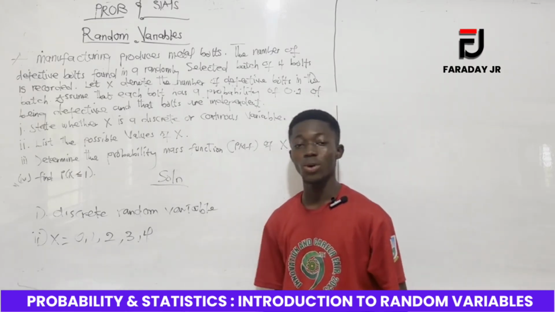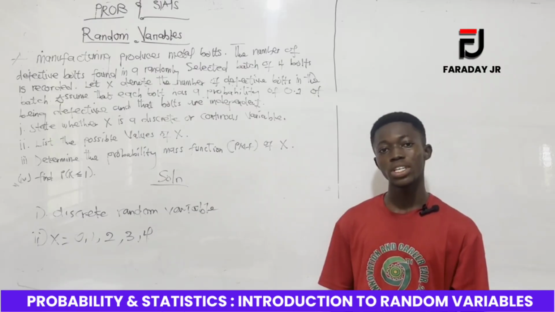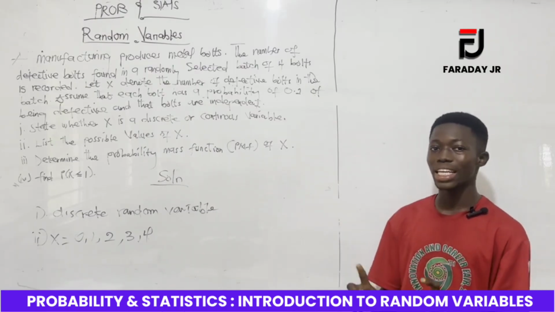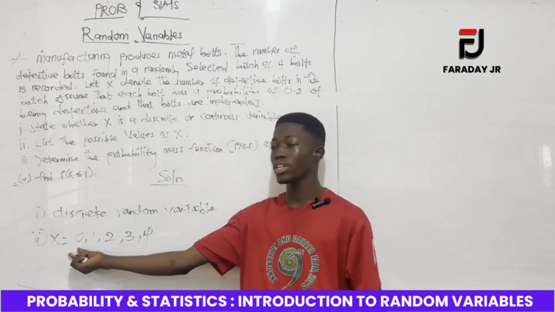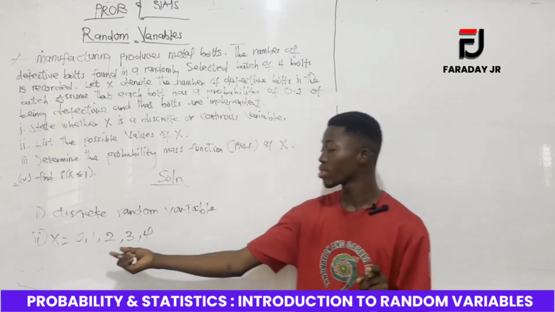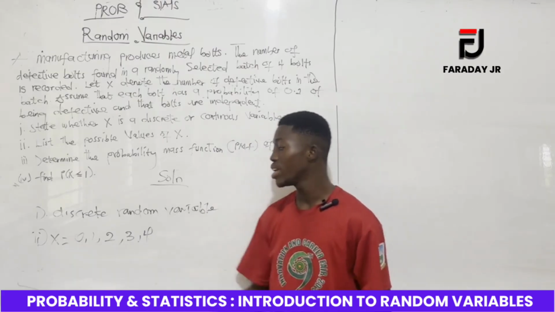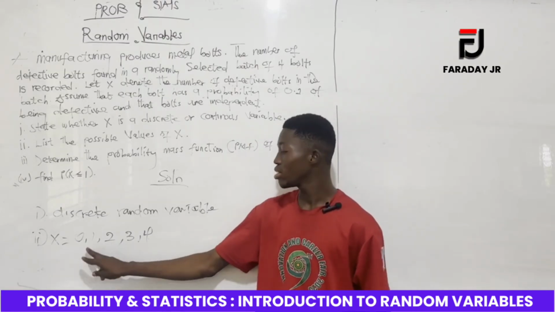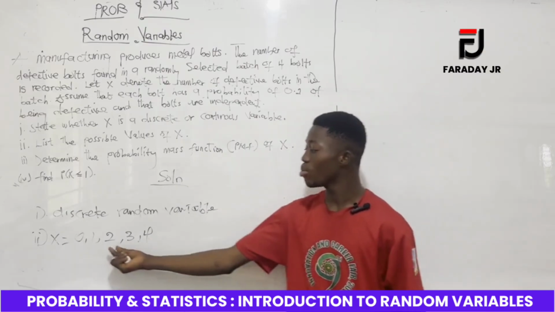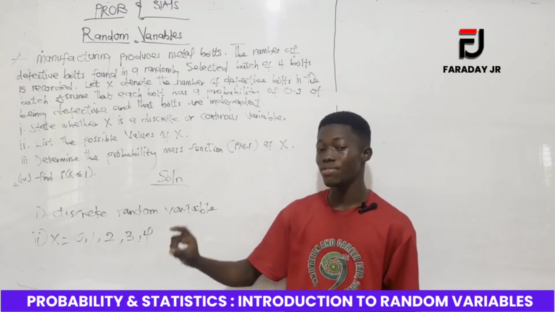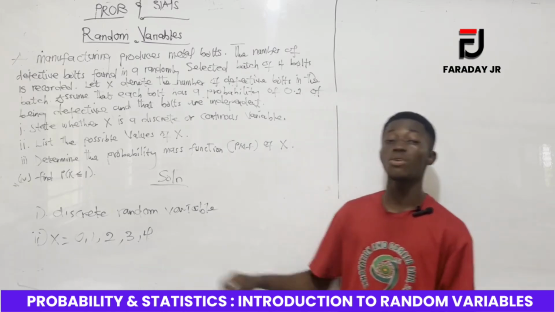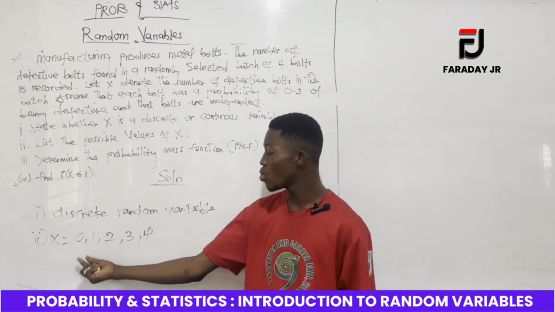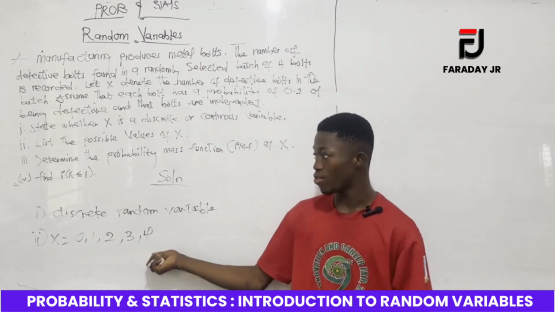Because for a given set of 4 bolts, there might be no defective bolt. So when 4 bolts are selected at random and there's no defective bolt, we consider it as 0. When only 1 bolt is defective, the value of X is 1. When 2 bolts are defective, X is 2, and 3 and 4 in order. So the values of the discrete random variable are 0, 1, 2, 3, and 4.